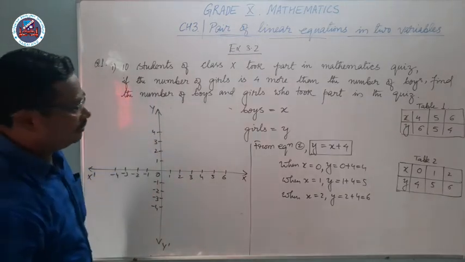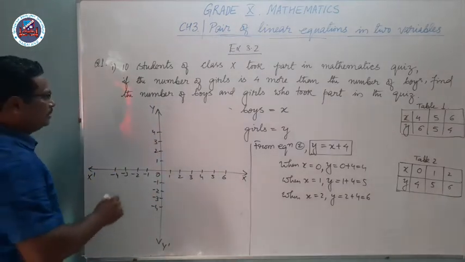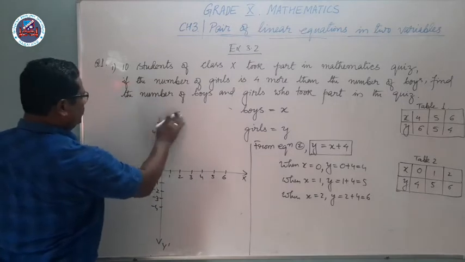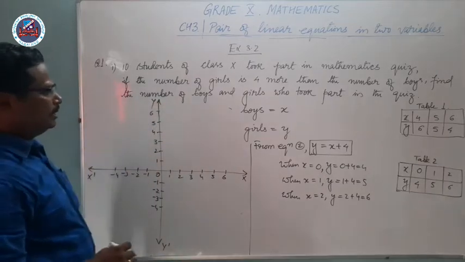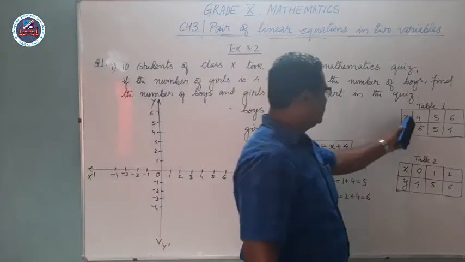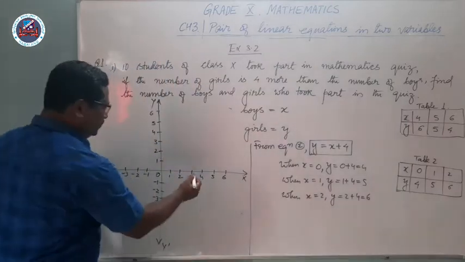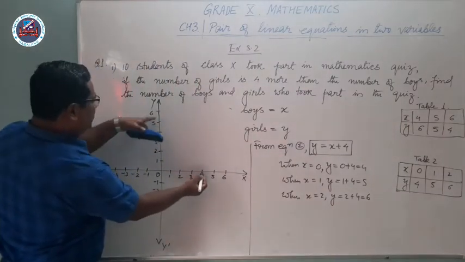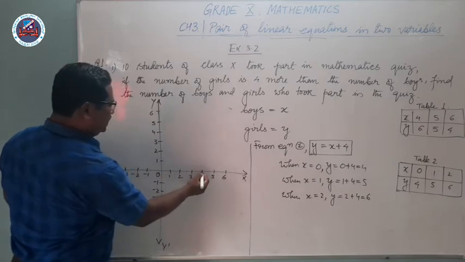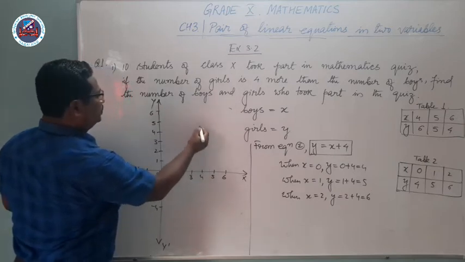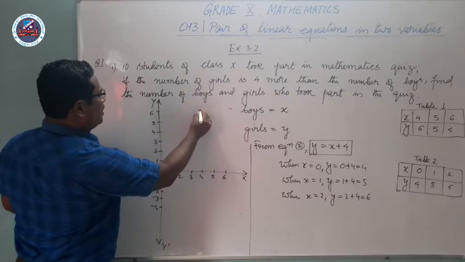Let us see. The y value maximum is 6, so it goes up to 6. Now let us put and see. When x is 4, y is 6. From here, 6 steps we have to go up: 1, 2, 3, 4, 5, 6. Here we'll put it.